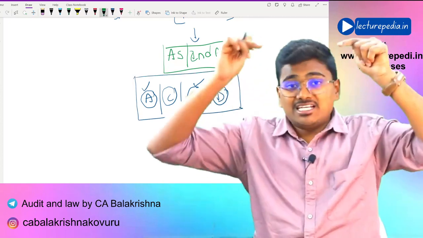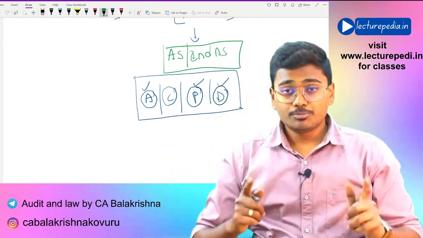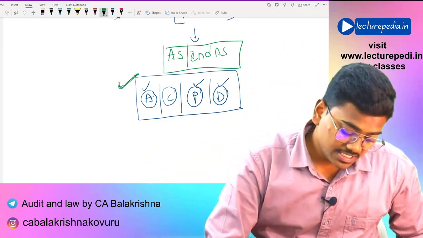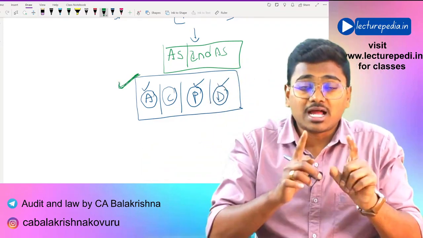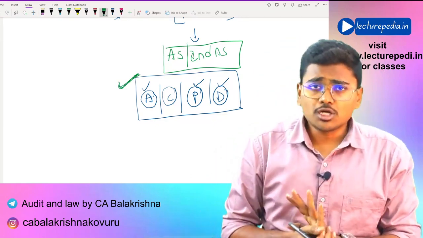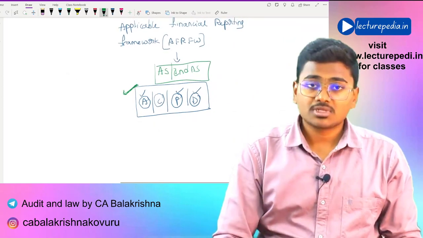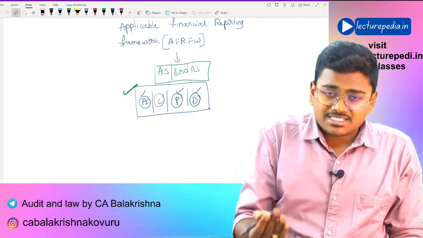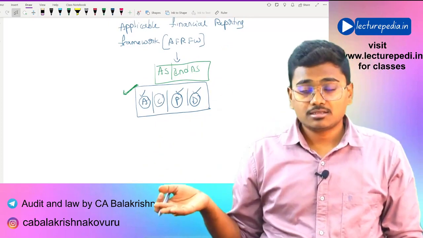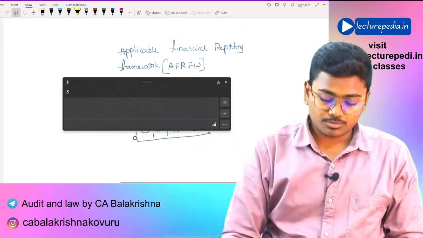Now, management, while preparing financial statements, should prepare them as per the ACPD that is required as per the applicable financial reporting framework. Now, suppose management has presented this ACPD in a different manner than as required by the applicable financial reporting framework.